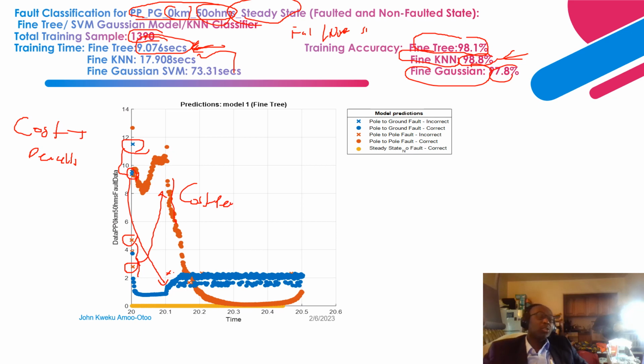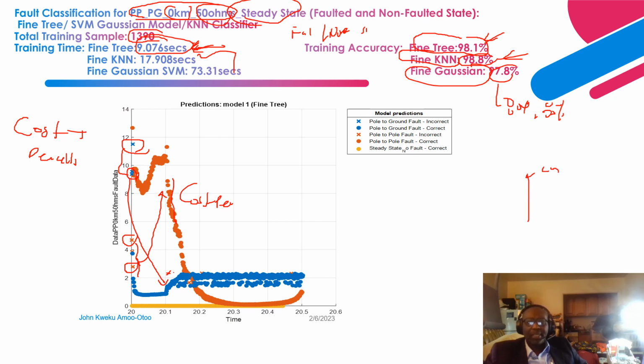So that is one of the parameters that you manipulate or change to optimize and improve upon the accuracy percentage, if there's the need. Let's say when I did the classification processing for fine Gaussian, I had, let's say, 85%. Though it is a good accuracy, I can improve upon it. So how do I improve upon it? I increase the cost penalty.